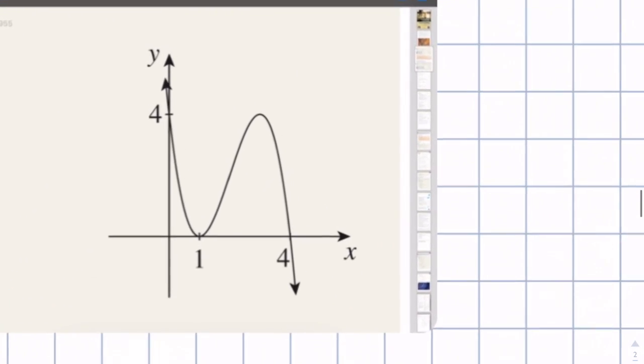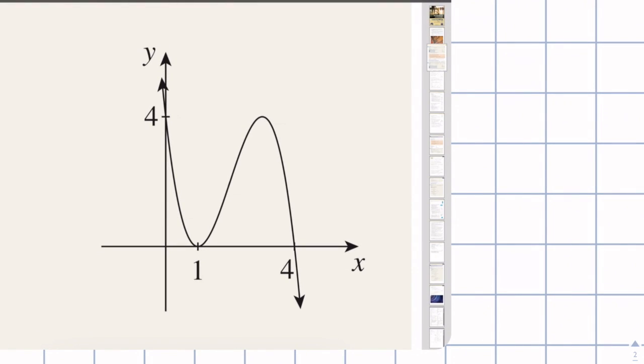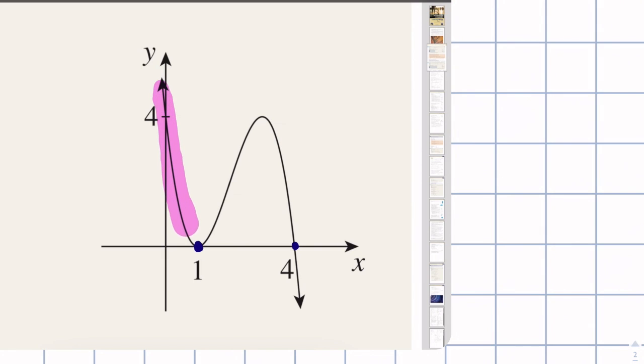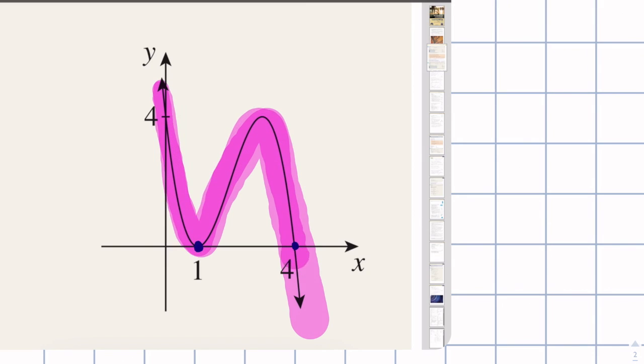Sometimes though, you'll get something where it only goes through one root, like here, and it kind of bounces back at this root. So this one, we're going down here, we're bouncing back up, and we're going all the way down. And let's say we wanted to find an equation for this.